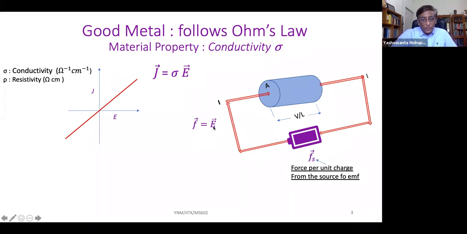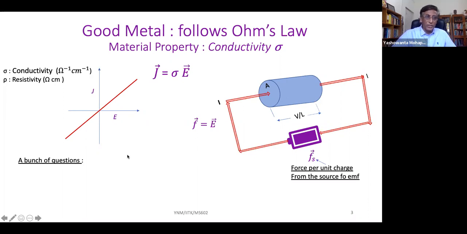What is the role of E and what is the role of F of S? That's something we're going to worry about in this chapter, because this is the source of EMF, electromotive force, which we know. But we'll have to be clear of many things before we do that.